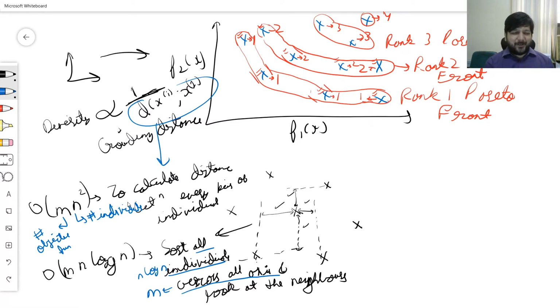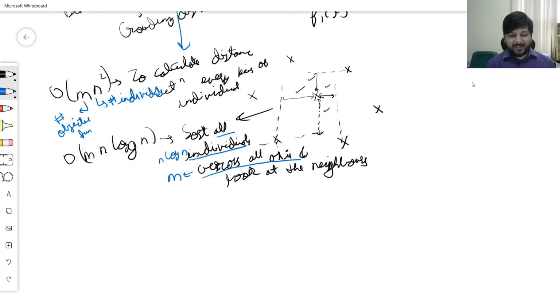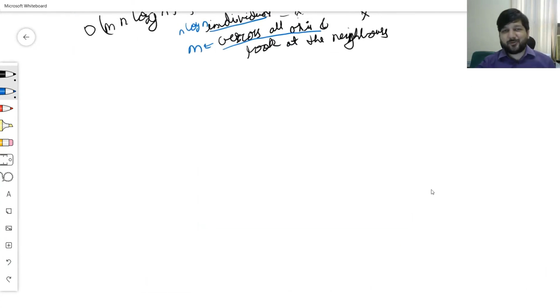Now it turns out the major problem with the NSGA is not here. The major problem with the NSGA is that it is inherently an extremely slow algorithm.